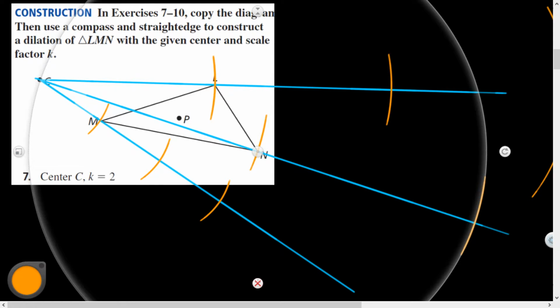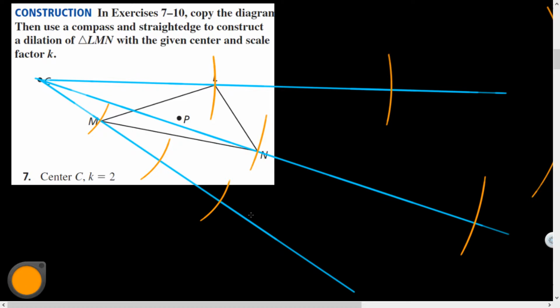Let's see. What should I connect? All of them? Connect the dots. Yeah, so if I double the length, right, that should work out, I think. Let's see. I don't know, guys. I should have looked this up.